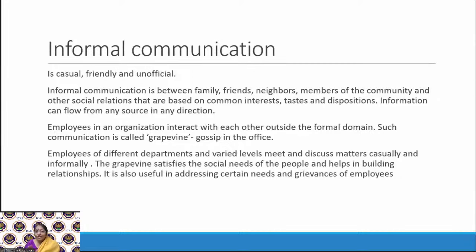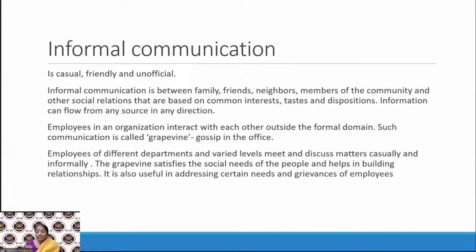So, informal communication is between family, friends, neighbors, members of the community, and other social relations that are based on common interests, tastes, and dispositions. So, this is a long sentence. You just have to remember that informal communication is between family, friends, neighbors, and members of the same community.